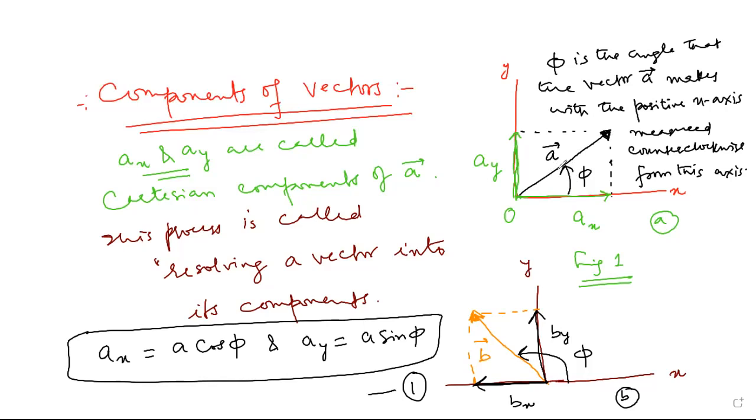Now, as shown in figure 1, the algebraic signs of the components of the vector depend on the quadrant in which the angle phi lies. For example, when phi is between 90 degree and 180 degree, as in figure 1b, you can see the vector always has a negative x component and a positive y component.